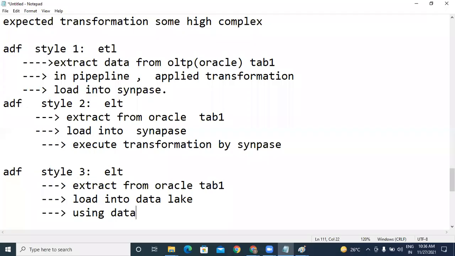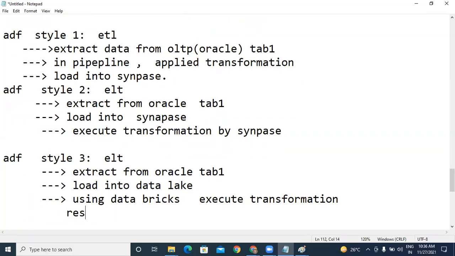Using Databricks, execute transformation. Once I perform the transformation, results will be produced, right? Results will be loaded into any target. That can be data lake, Synapse, anything.